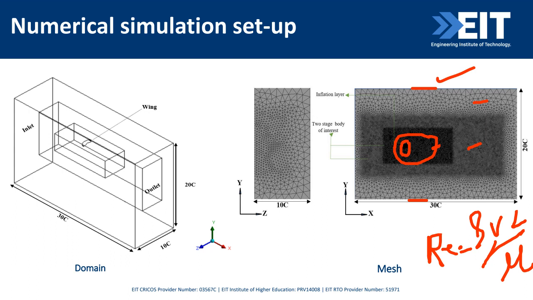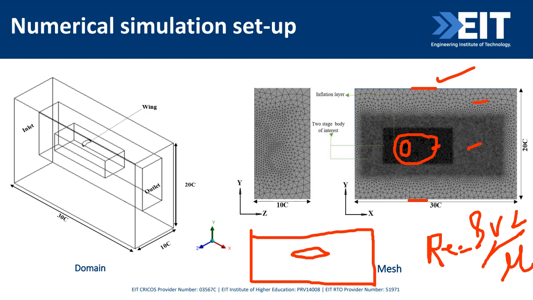And while developing that domain, let's say that is our 2D domain, and this is our aerofoil. Sorry for that bad drawing. So here, how can we give the dimension?